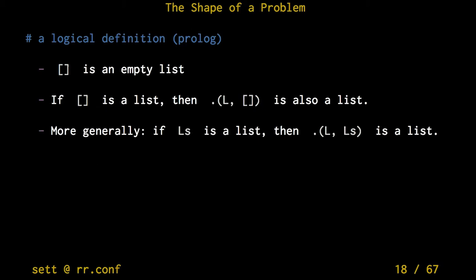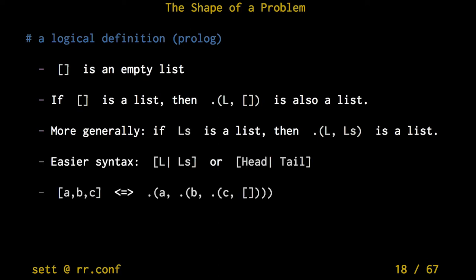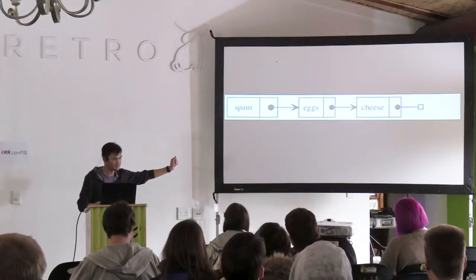So L and the empty list are connected by this dot, right? And from that, you can infer other things. So more generally, if ls is a list, then L and ls is also a list. So this is just a fancy syntactic sugar way of describing exactly the train.